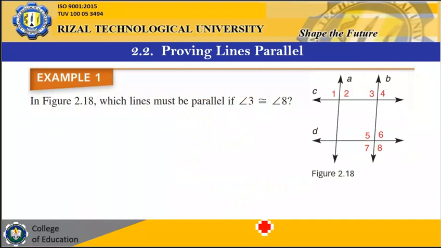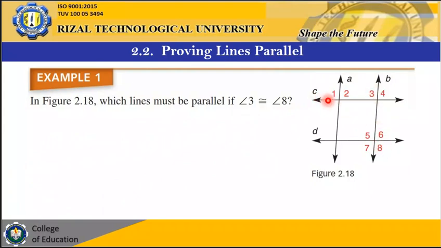Let's have an example. In figure 2.18, which lines must be parallel if angle 3 is congruent to angle 8? Take note that we have here angle 3 and angle 8.